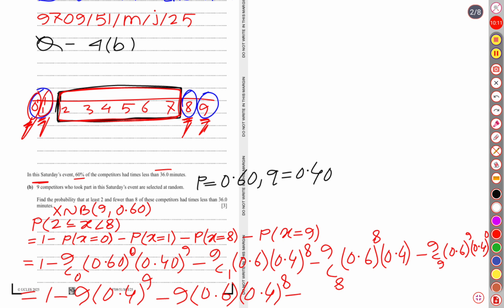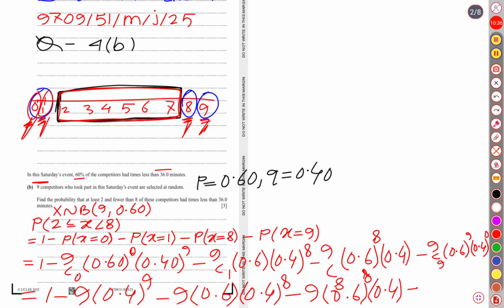This is also 9. From 9 people, if you choose 8 people, there are 9 ways to choose them. So it is going to be 9 times 0.6 raised to 8 and 0.4 only 1.